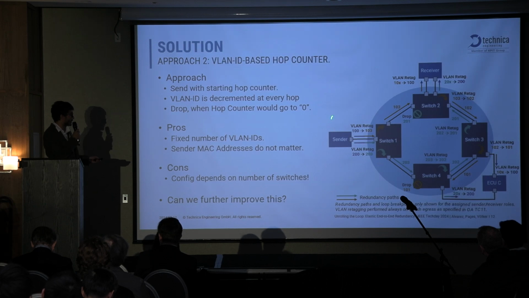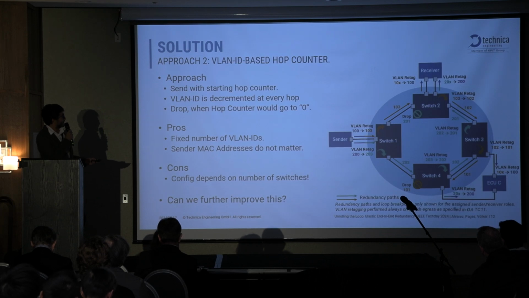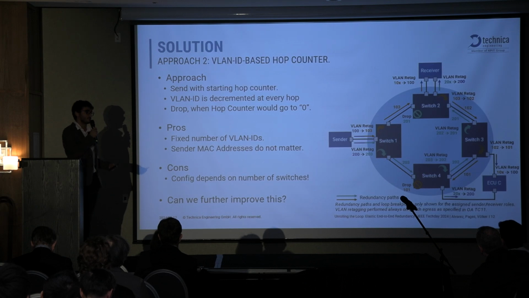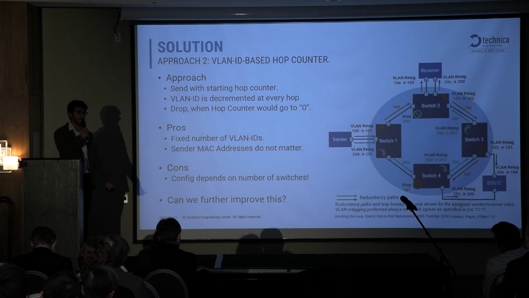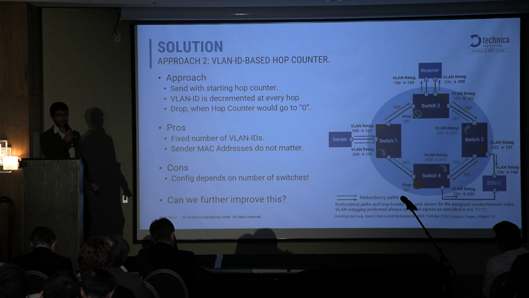Of course, throughout the ring, the switches need to forward this information to the potential receivers, and in this link between the switch and the receiver, there will be, again, another retagging to turn those VLANs into the original redundancy VLANs 100 and 200.